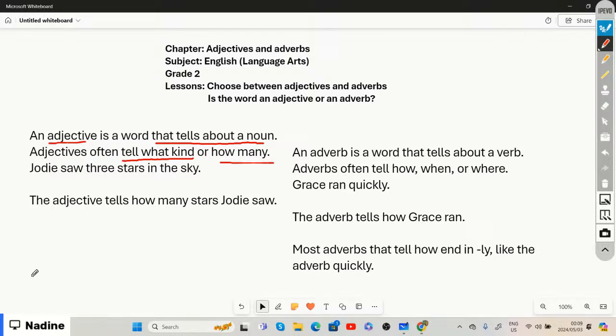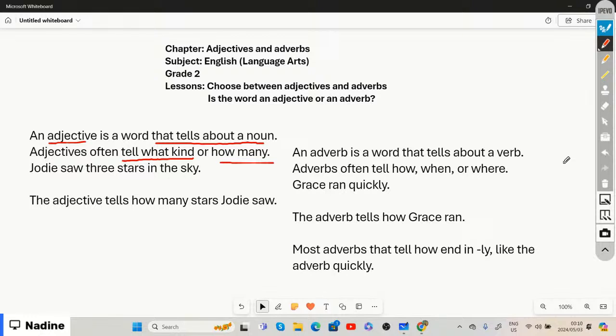All right. If we look at an example, right? The example is Jody saw 3 stars in the sky. Remember, we said that an adjective, it either tells us what kind or it tells us how many. So if we say Jody saw 3 stars in the sky, then it will basically tell us how many stars Jody saw.